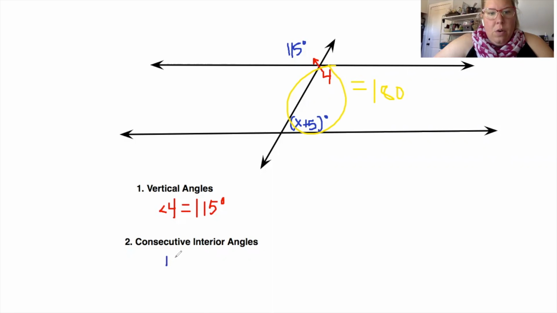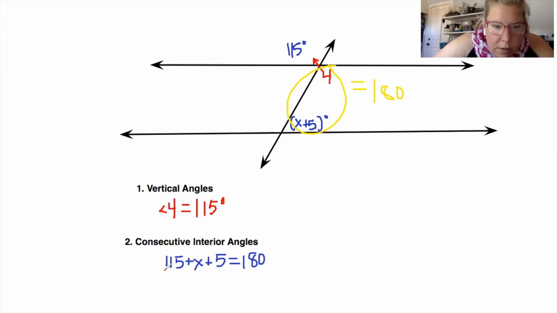I have 115, that's the angle measure of angle 4, plus x plus 5. And I know if I put those two angles together, I have 180 degrees.